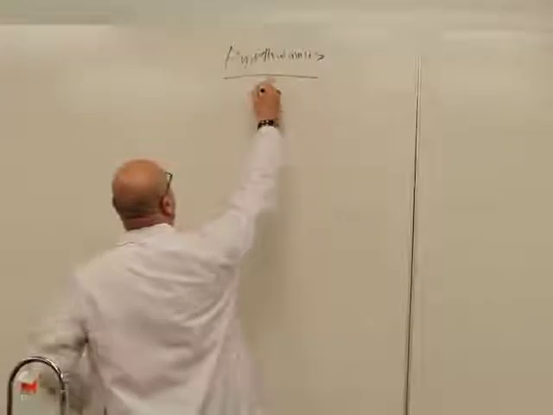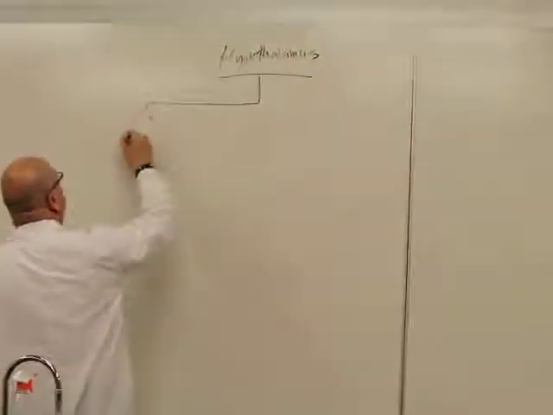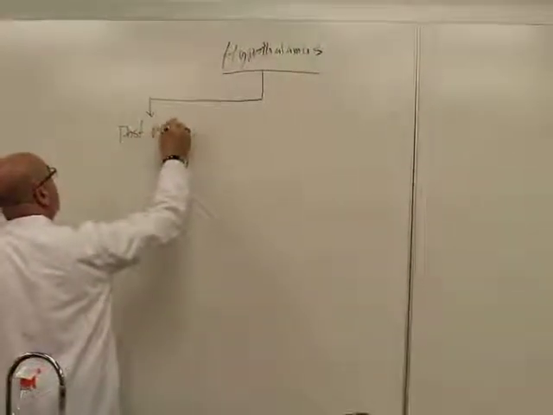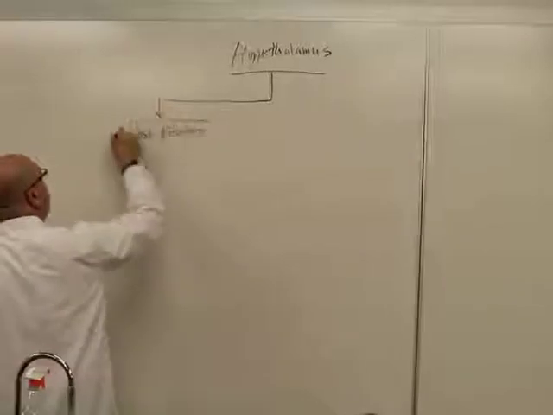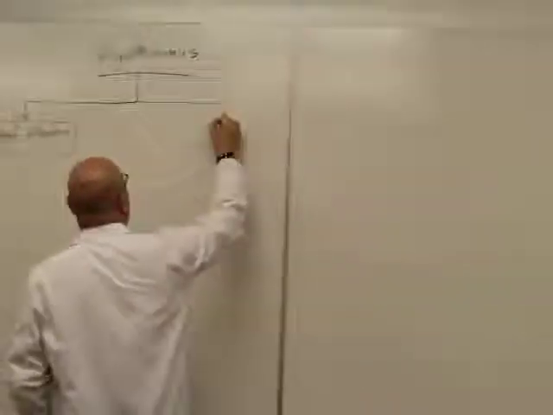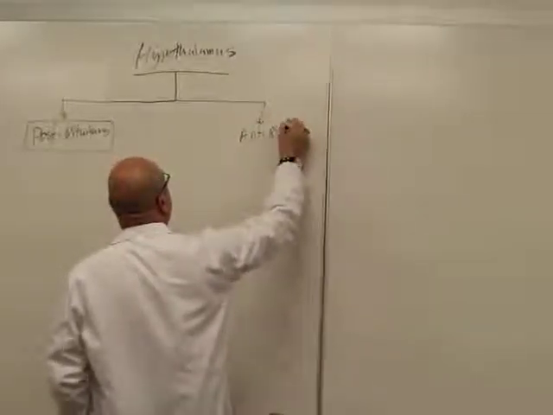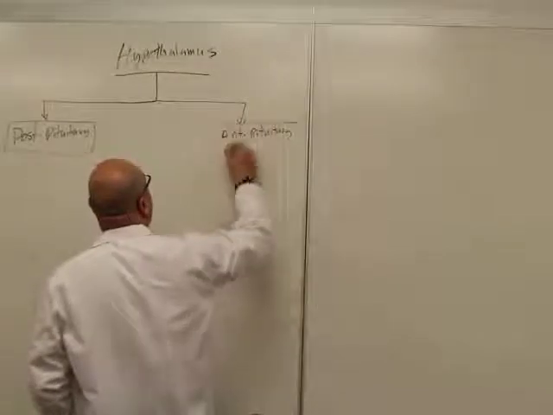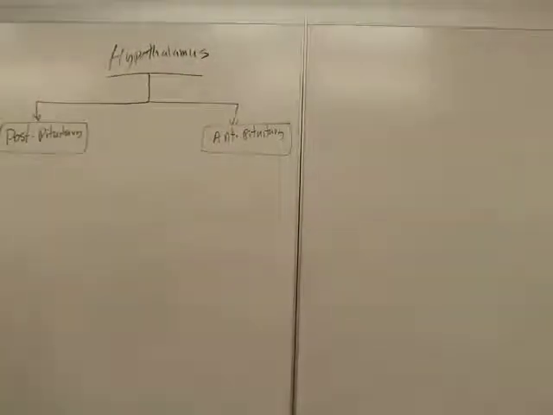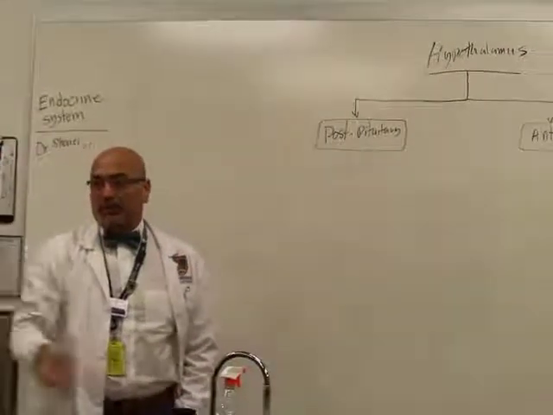So once you get hypothalamus involved, you can go to posterior pituitary, posterior lobe, or you can go to anterior pituitary, okay? And then from there, you get to release hormones to activate other glands and then other functions, okay?